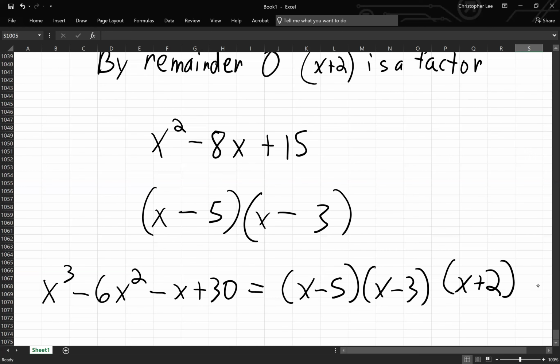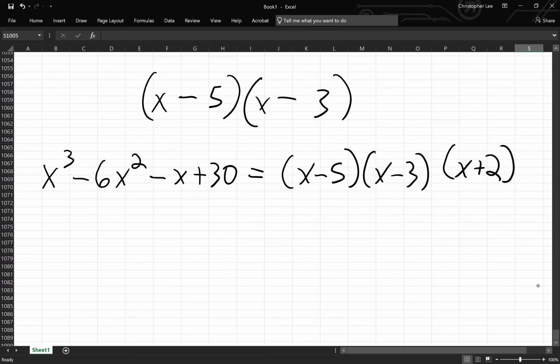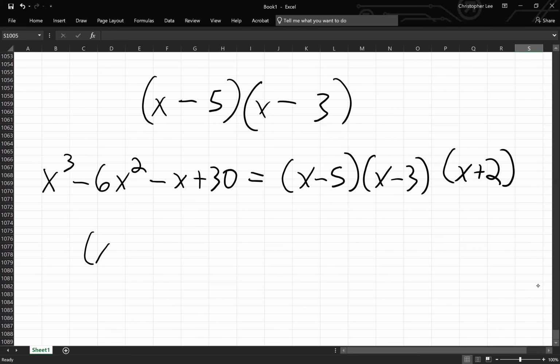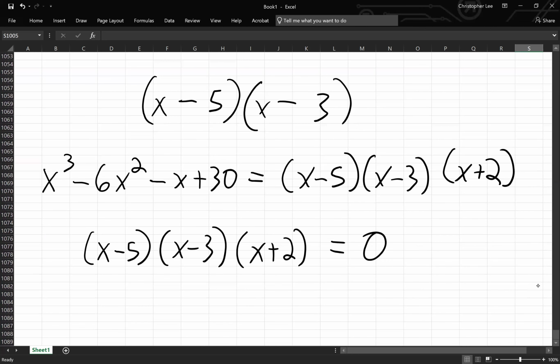they asked us to get the zeros of the function. What does that mean? That means literally take x minus 5, x minus 3, x plus 2, and set each equal to 0.